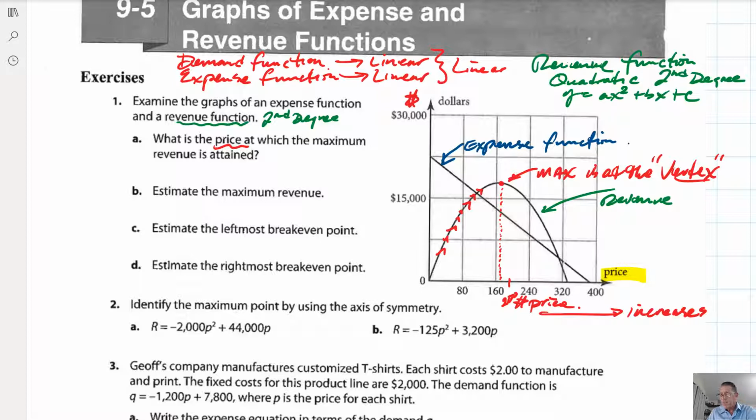So when you estimate this, it's a little bit above 160, we can say about 170. Let's say the price is approximately equal to $170. We get a maximum revenue, and that maximum revenue can be found by looking at the y-axis.